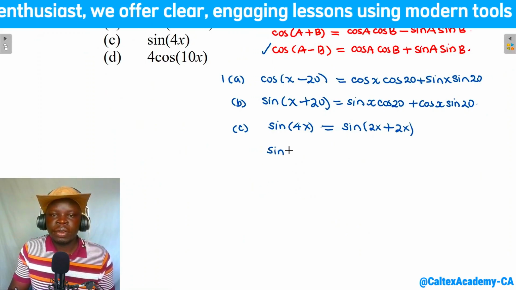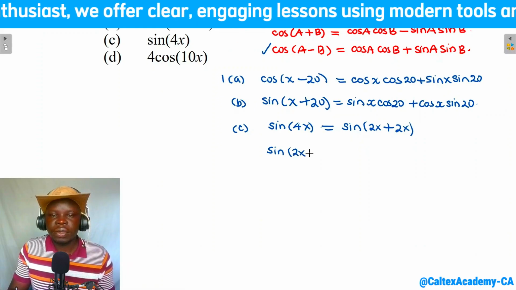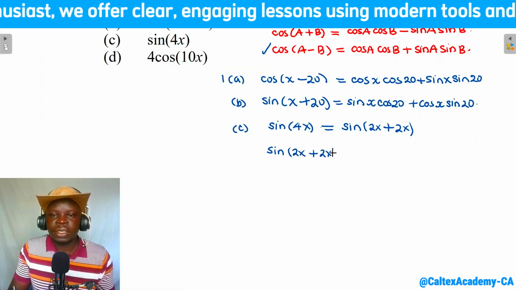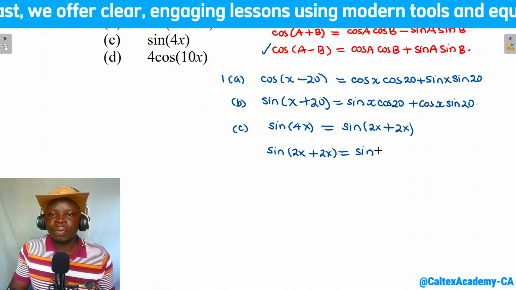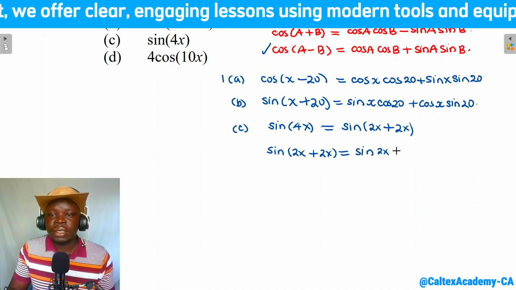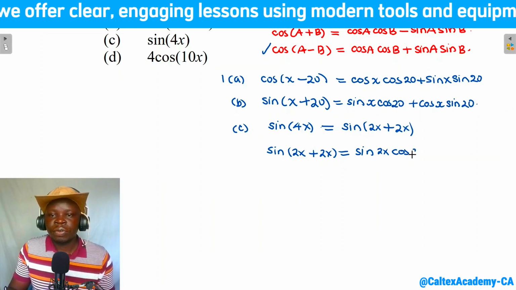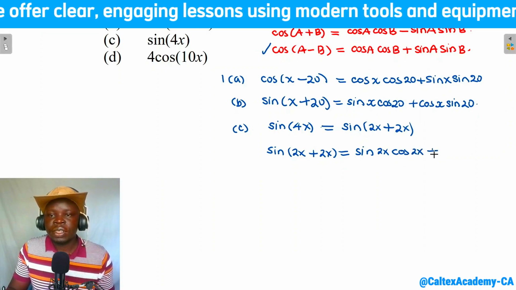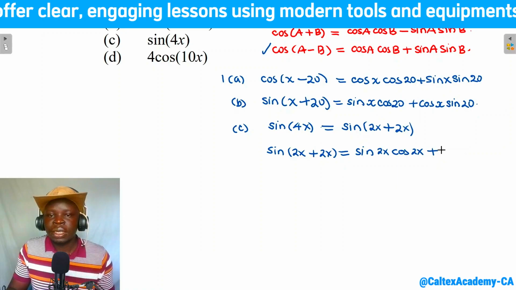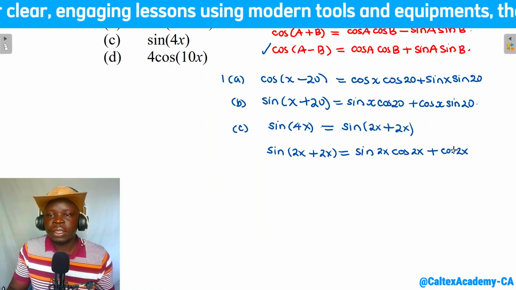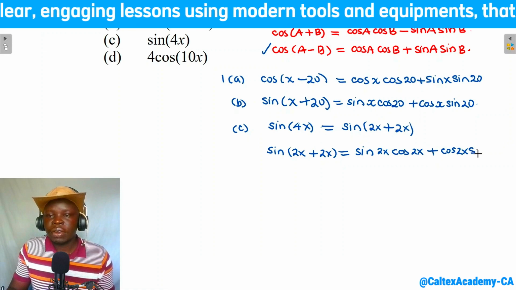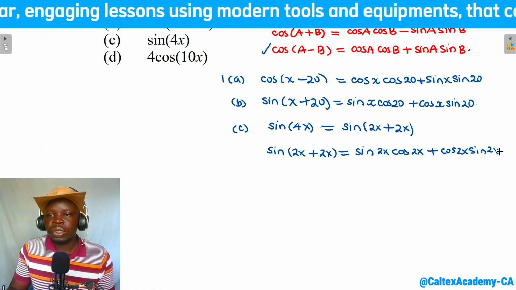Therefore, sine of 2x plus 2x is the same as the first one. So we're starting with sine of 2x and cos of 2x. The sign in the middle is plus, and we have cos of 2x, and multiply this by sine of also 2x.